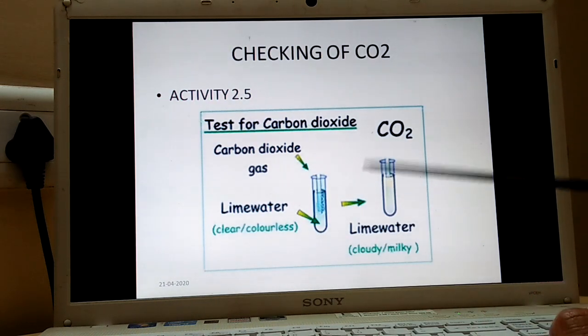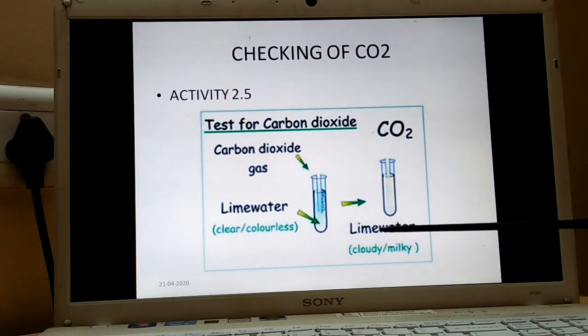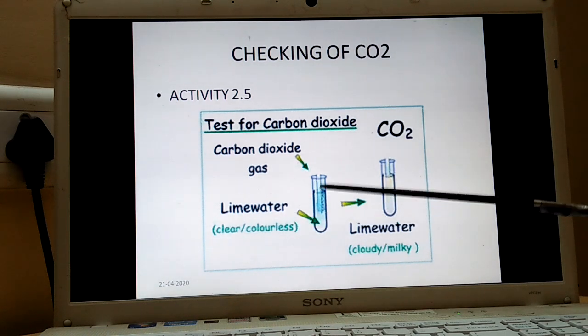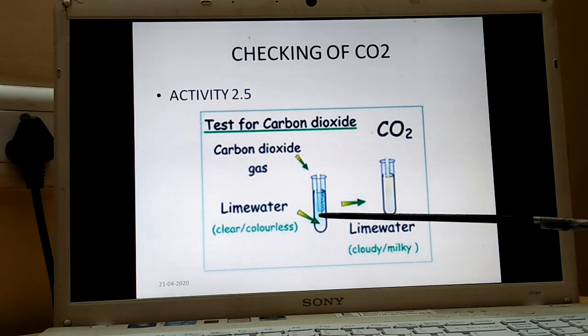Now we can easily test this carbon dioxide in the laboratory. How can you test? For testing carbon dioxide, we can use lime water. If the carbon dioxide evolved is passed through lime water, which is a colorless solution. In the initial test tube, I have taken a colorless solution of lime water, which is known as calcium hydroxide, Ca(OH)2.